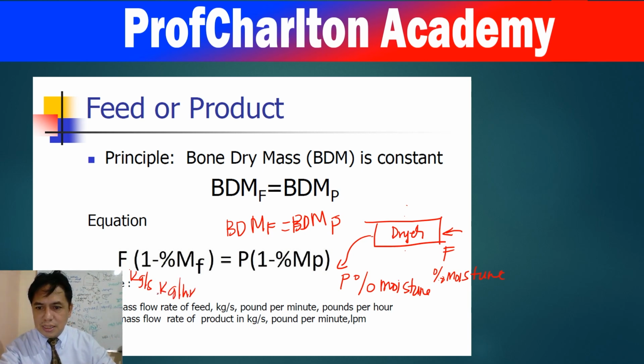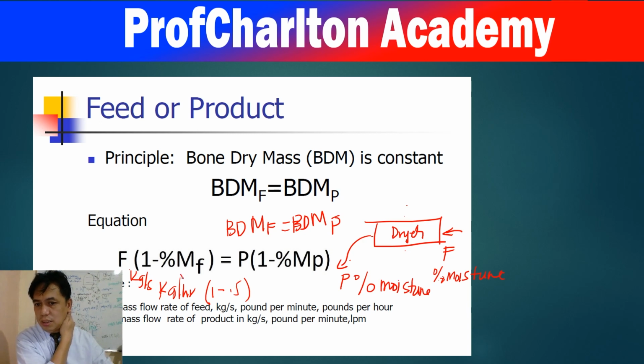Multiplying by 1 minus percent M_F is just a number, for example 1 minus 0.5 or 0.9, so it still becomes kilogram per hour.